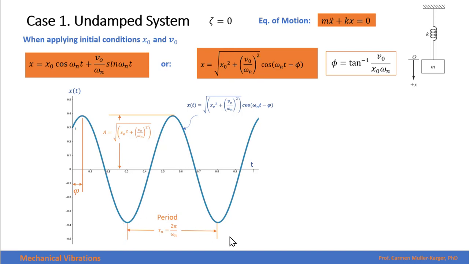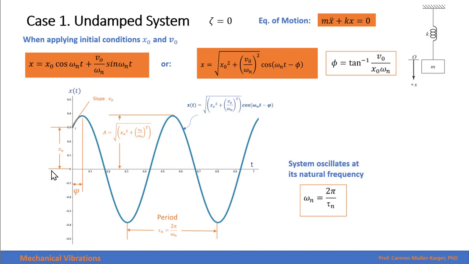The period is 2 pi over omega n because the system oscillates at its natural frequency. And this represents the initial displacement of the system. This represents the initial velocity of the system. And as I said, the system oscillates at its natural frequency.